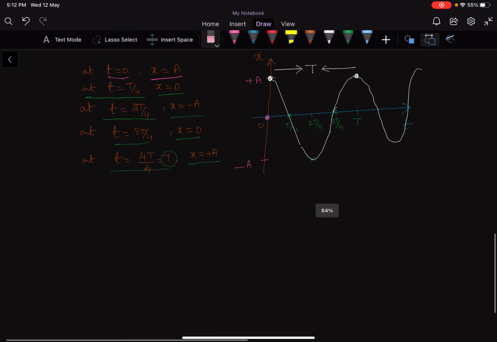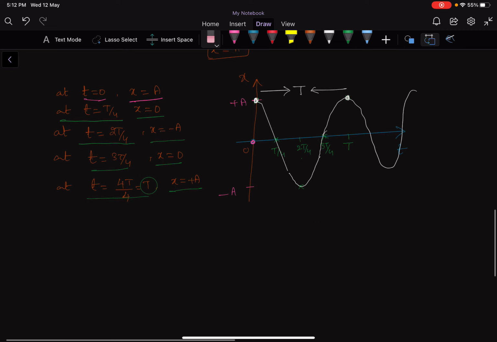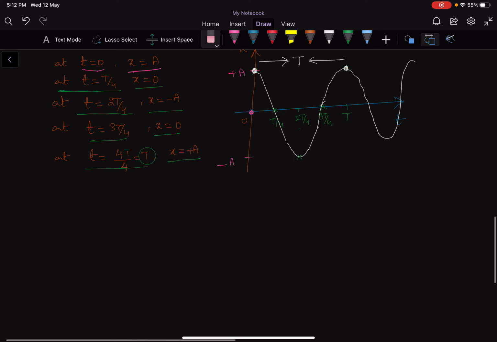This is the position versus time graph. And here for this simple harmonic motion, we have seen the displacement equation as x equal to A cos of omega t plus phi. Okay. Suppose phi is equal to 0, that means I am keeping phi equal to 0 and omega is the same, that means time period T is equal to 2 pi by omega.